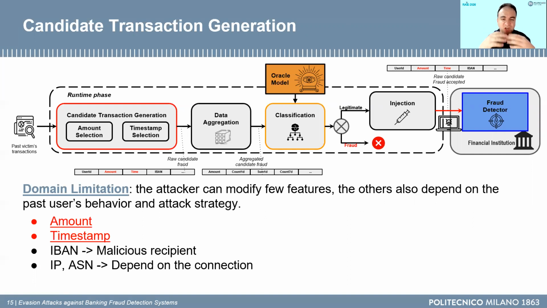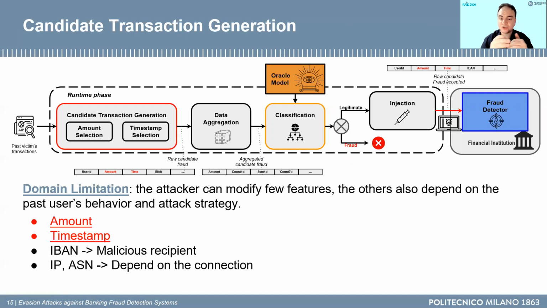So in theory, to generate candidate transactions, we should efficiently explore the space of possible values of each transaction feature. In truth, the features that the attacker can directly control are only the timestamp and the amount. Why this? Basically because the IBAN of the beneficiary refers to a malicious recipient.